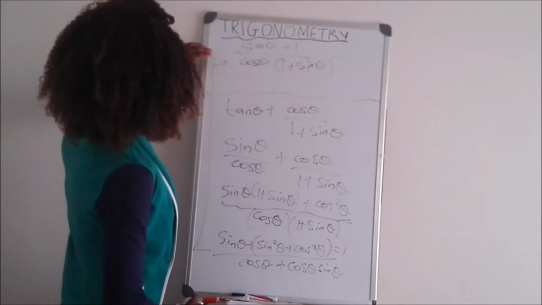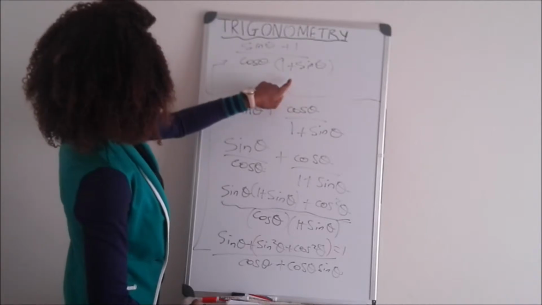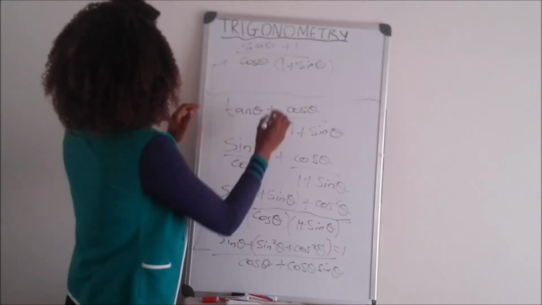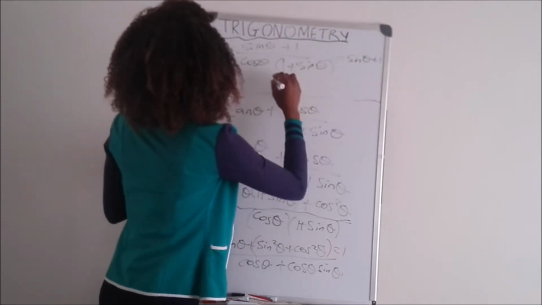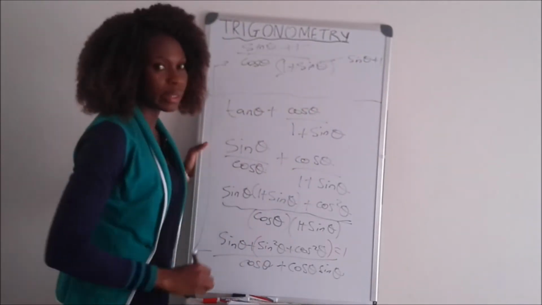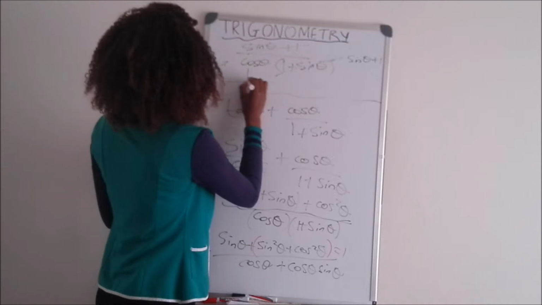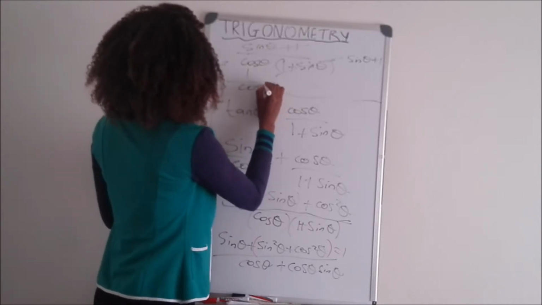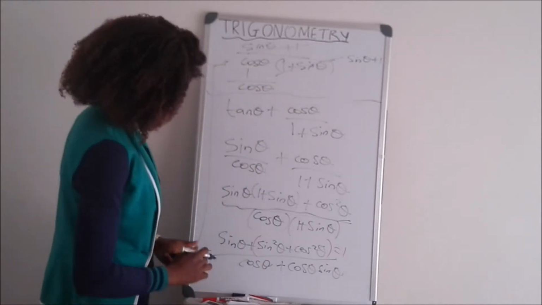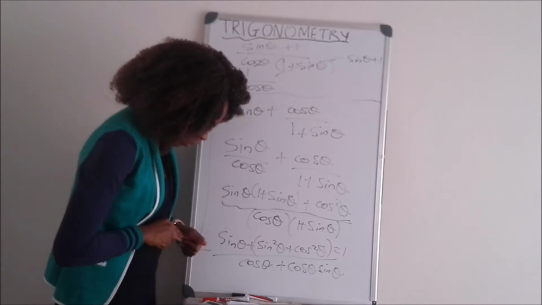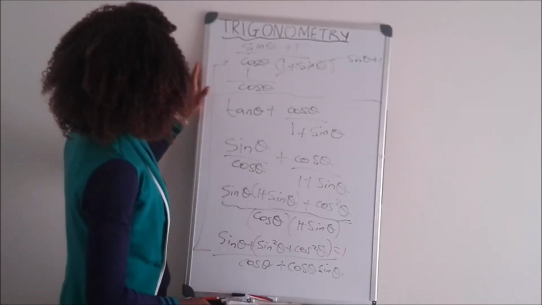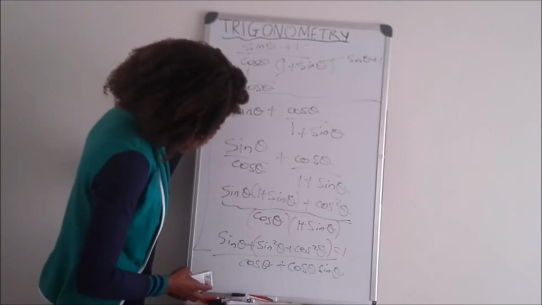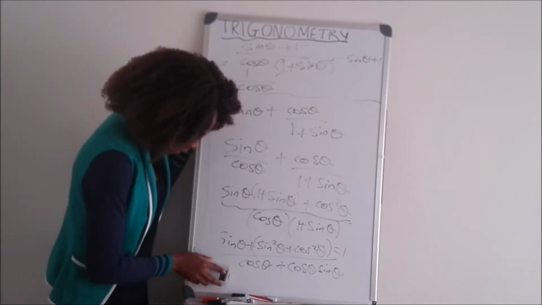That means we have sine theta plus 1 divided by 1 plus sine theta, and they will divide out. The numerator and the denominator will divide, and we'll be left with only 1 divided by cos theta. That means we've got our answer as a single trig ratio.